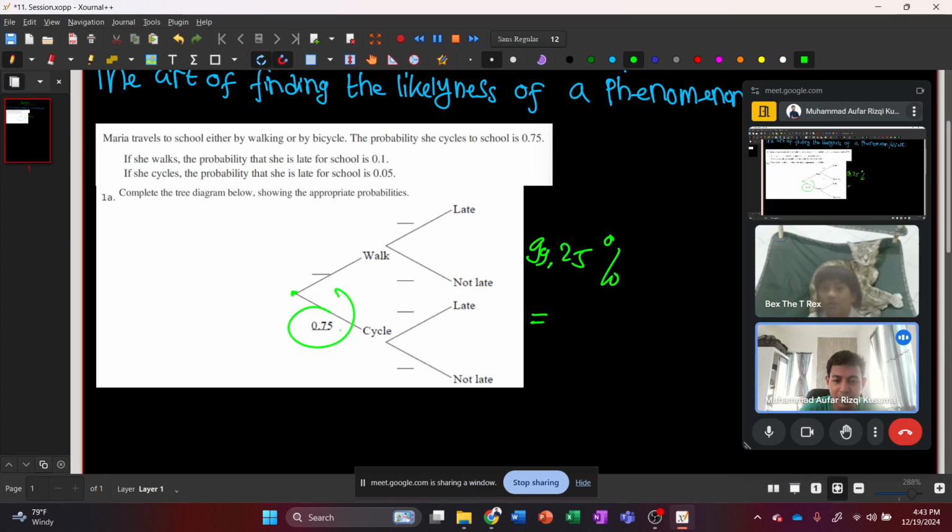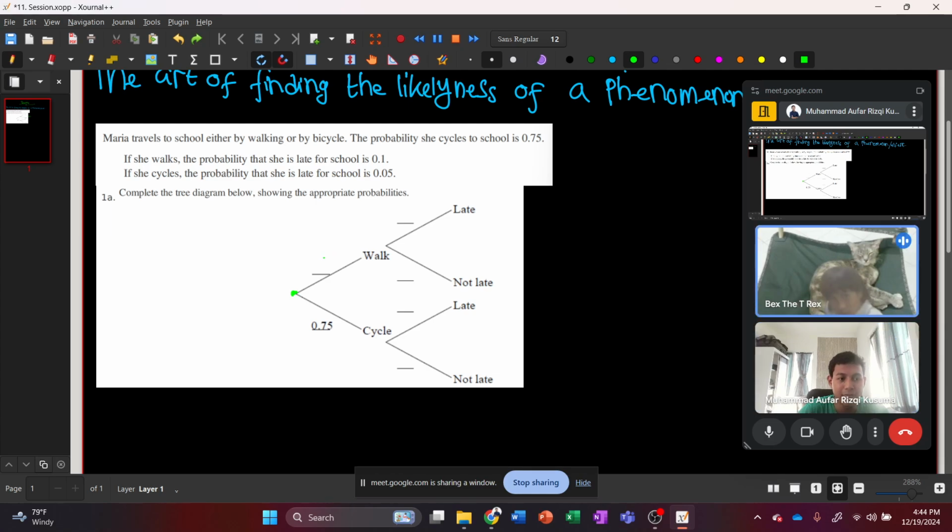Oh, I'm sorry, this is not in percent, this is in ordinary numbers. It's like 100%, but instead of 100, it's just one. So that means 75% is 0.75.